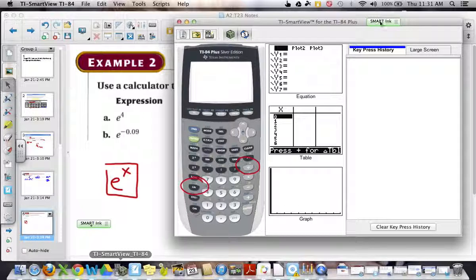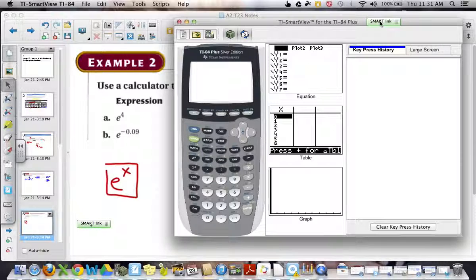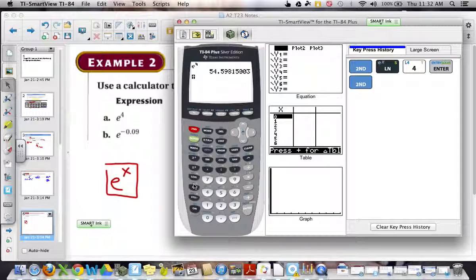All right, so if I want to calculate e to the 4th power, I just press second and then the ln button, and I get e to the power of 4. I enter that, and I get 54.598. If I want to do e to the negative 0.09 power, again, second, ln, and to the power of negative 0.09.